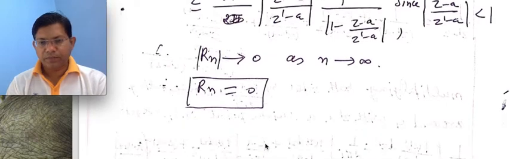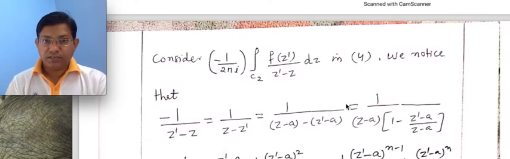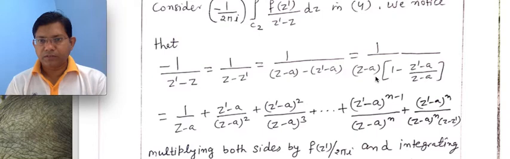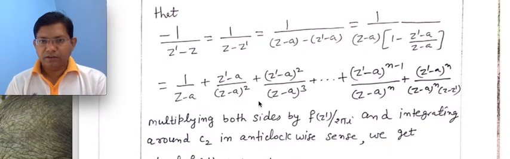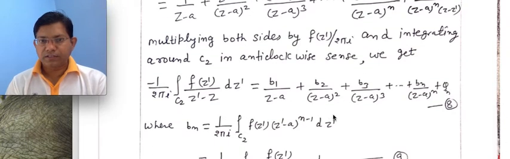In a similar manner, we consider the second integral, that is minus 1 upon 2 pi i integral over C2 f z dash upon z dash minus z dz dash. In equation 4, we notice minus 1 upon z dash minus z, and after taking minus common, this can be written as 1 upon z minus z dash. Again we add minus a plus a and take z minus a common, and again apply the binomial theorem, multiply by f z dash upon 2 pi i, and integrate around C2 in the anti-clockwise sense. We get this.